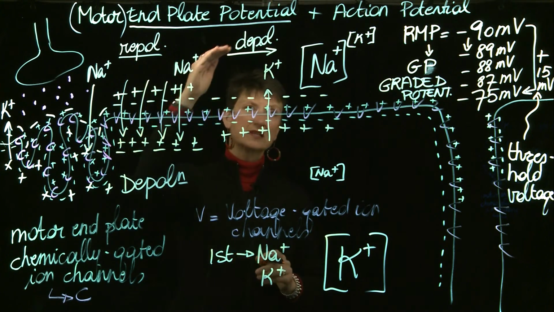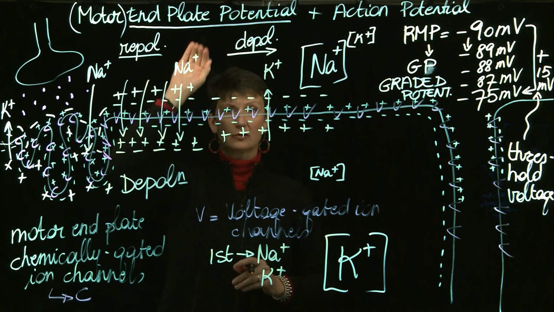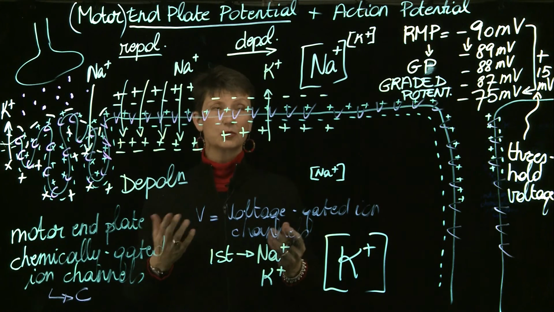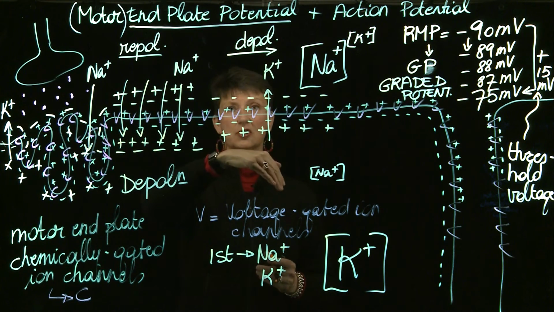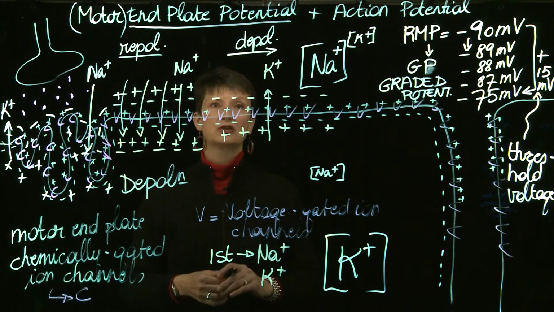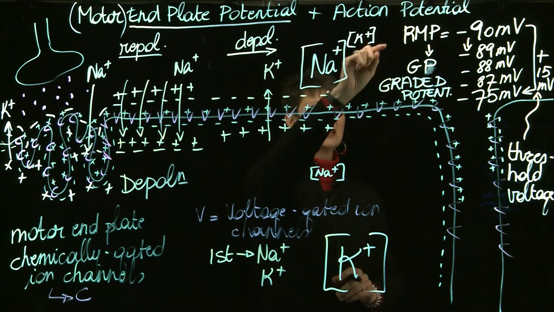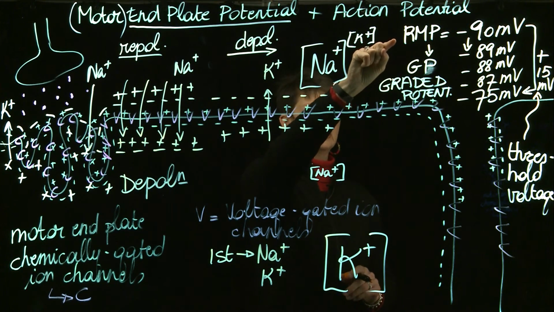So all of the positive charges that were brought in are now sent back out. Via different ions, we bring in positive charges via sodium, and we get rid of them via potassium, but we manage to restore the electrical gradient. We manage to get back to our resting membrane potential.